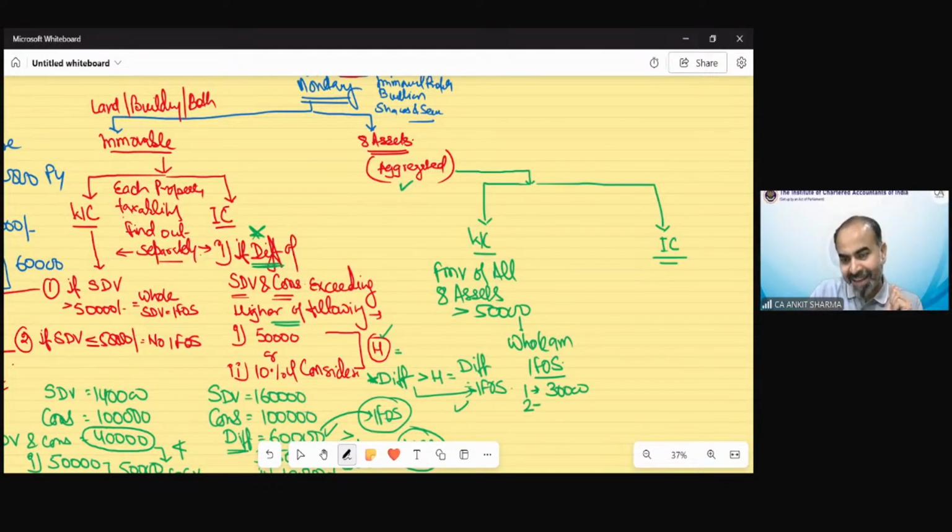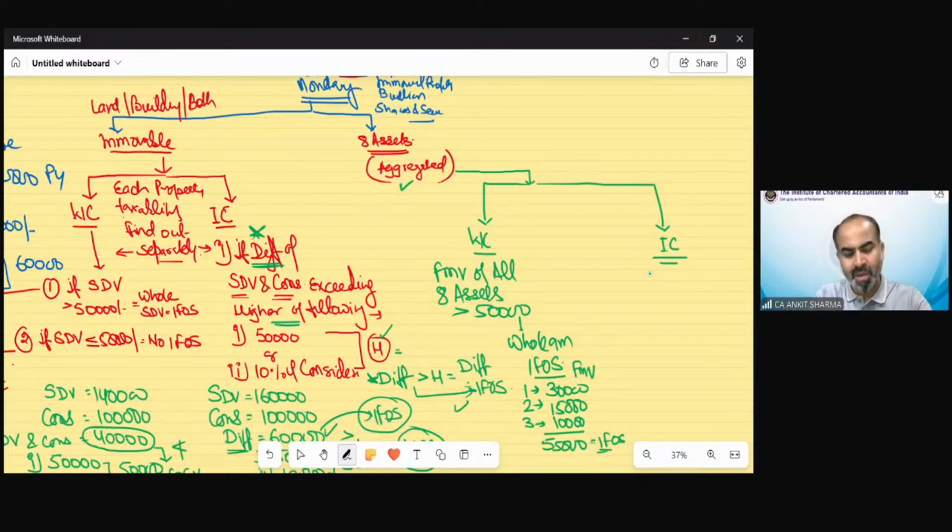One more asset I have received in the previous year, suppose the value is 15,000. No other asset has been received. The FMV is 30 and 15, so now it's 45,000. Nothing is going to be taxed as income from other sources because it does not exceed 50,000. But suppose one more asset has also been received worth 10,000 fair market value. Now the aggregate is 55,000, and because it exceeds 50,000, this will be my income from other sources.